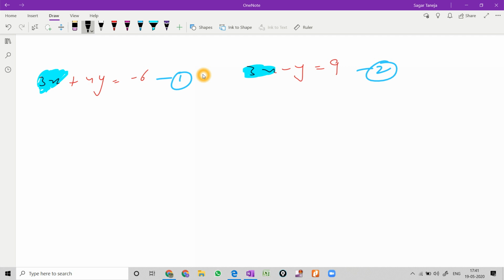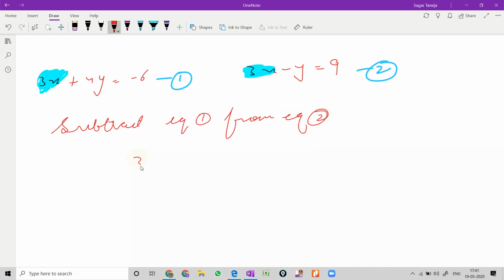So you tell me what we need to do. Here the sign of 3x and 3x are same, positive and positive. So with same signs we have to subtract. So let us subtract equation 1 from equation 2.